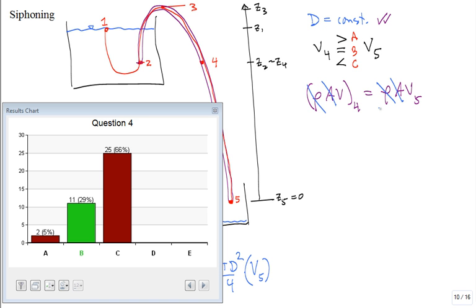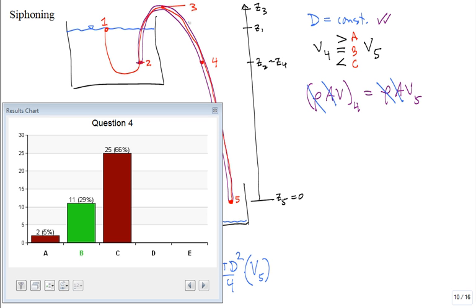No, you can't do that, and I'll talk about that as well. There's only a certain elevation that 3 can go to for the velocity to be equal, correct? Before something bad happens, which is cavitation. Yeah, I'm going in that direction too.